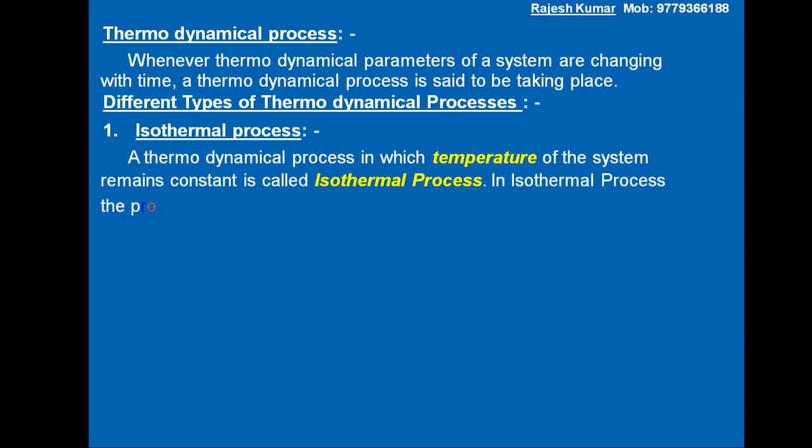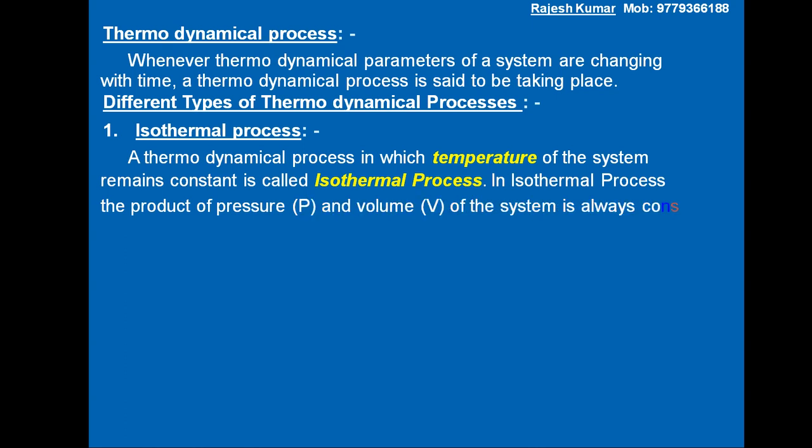In isothermal process, the product of pressure P and volume V of the system is always constant. That is, PV equals constant.